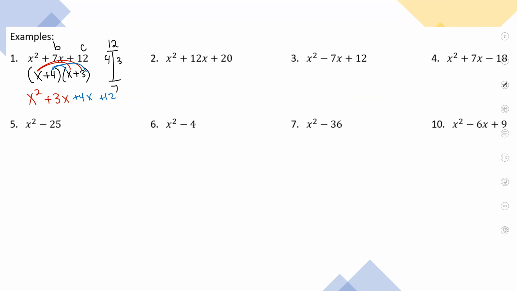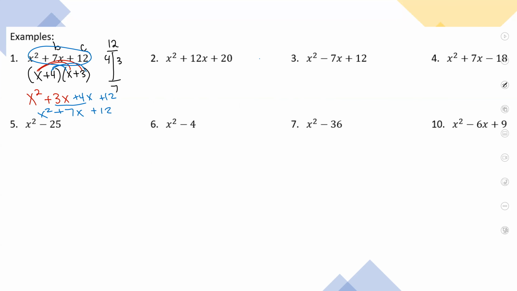And look, those are our two numbers that we said. What's 3 plus 4? 7. You see how we got the original thing back? Okay, so guys, this is standard form, and this is factored form. Okay, we're doing factored form today.